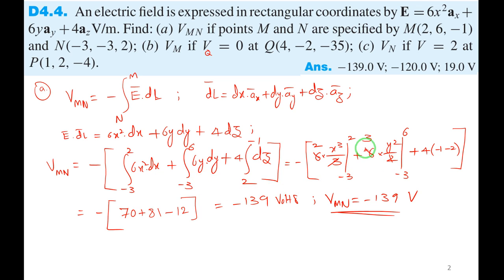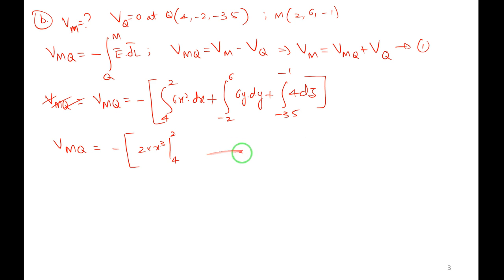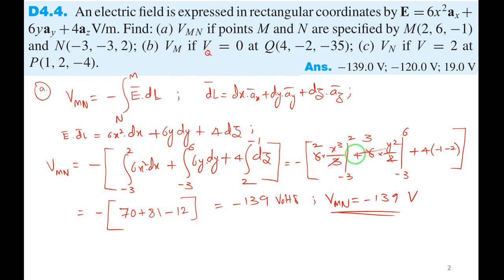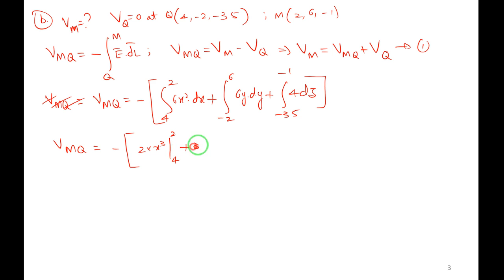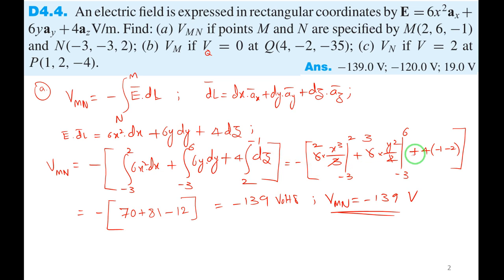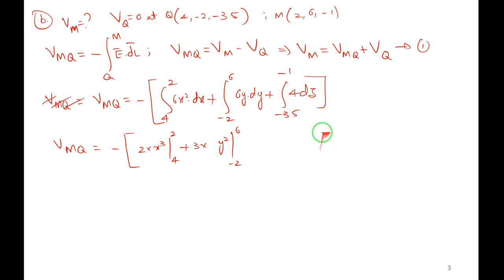Then 3y square plus 3 into y square, limit is from minus 2 to 6 here, right, plus this one is minus 3, minus 12, right, minus 1 minus 3, that is 4 into 3, 12, minus 12.